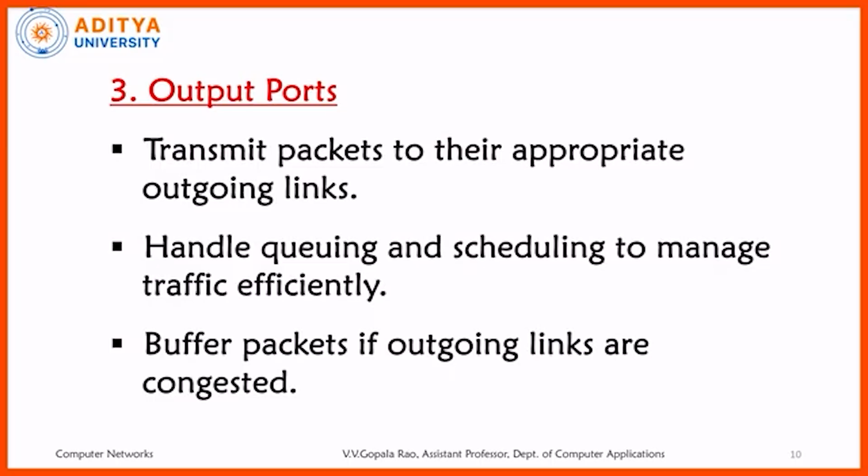The packet is held there on a temporary basis, only for a small time interval, and once the way is clear, it is put on the outgoing link, so that congestion can be controlled with this simple technique.